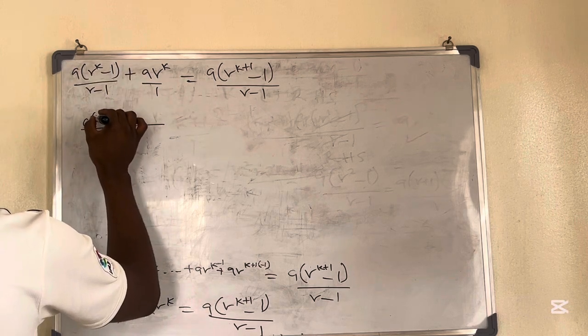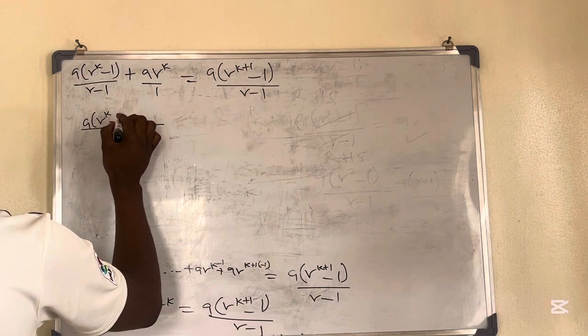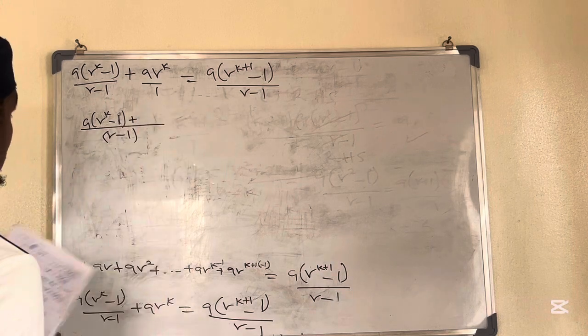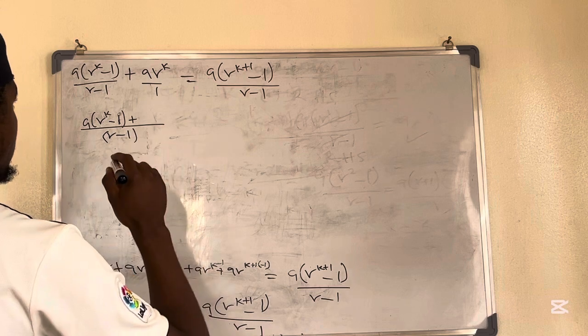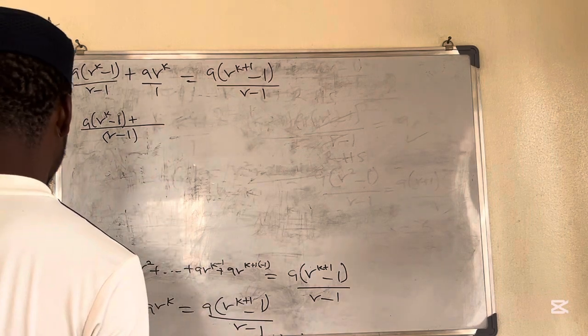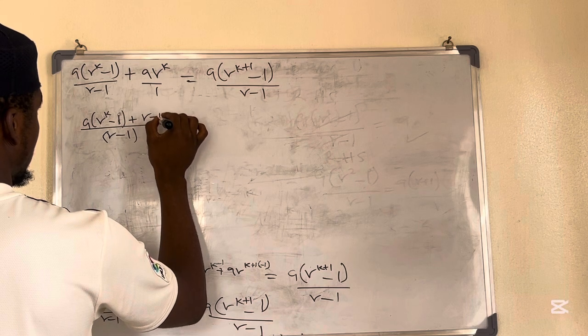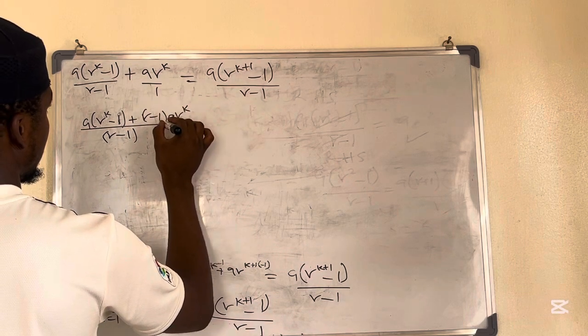We have a into r to the power of k minus 1, plus r minus 1 divided by 1. We have r minus 1, so r minus 1 multiplied by the whole of this, we have r minus 1, a r^k.